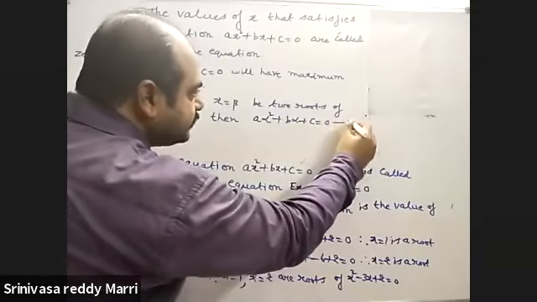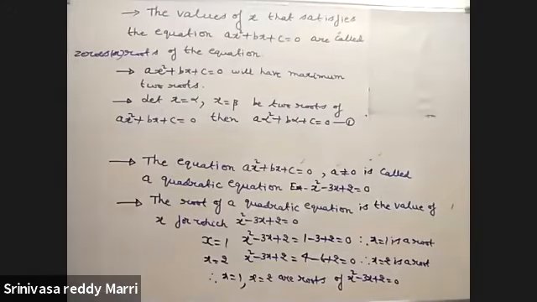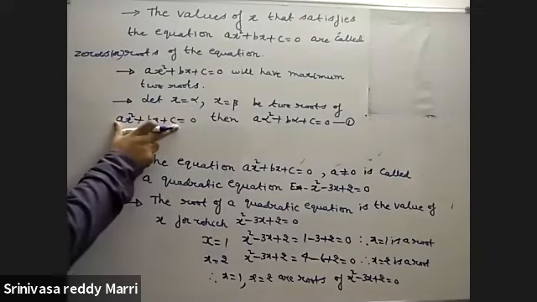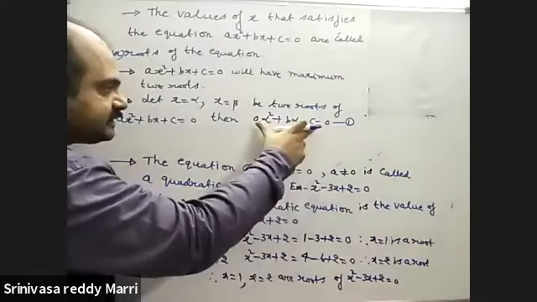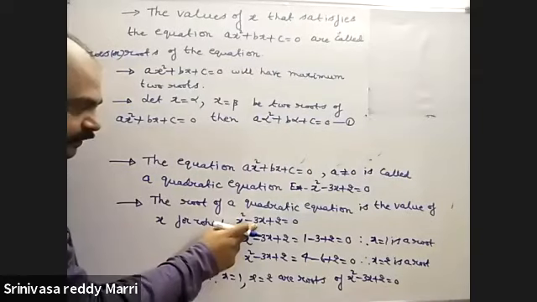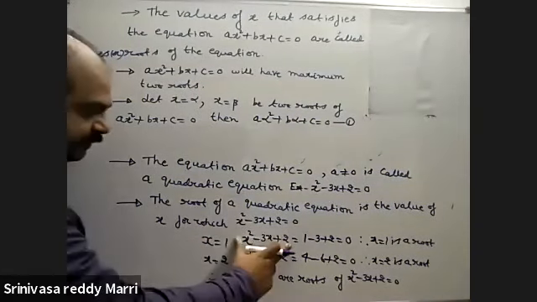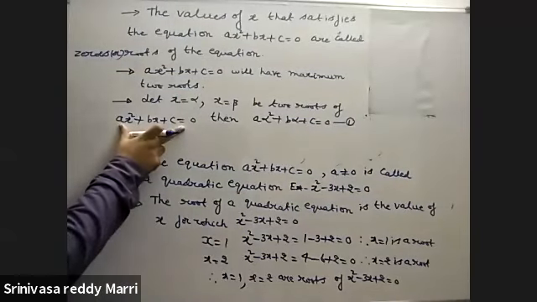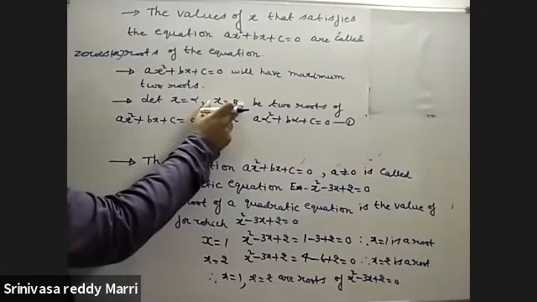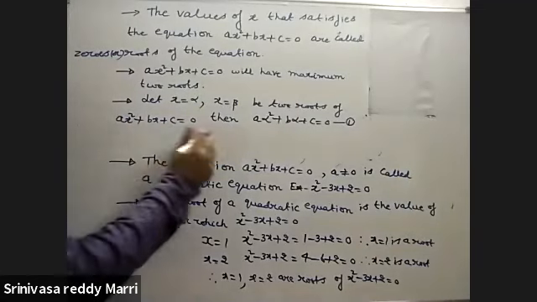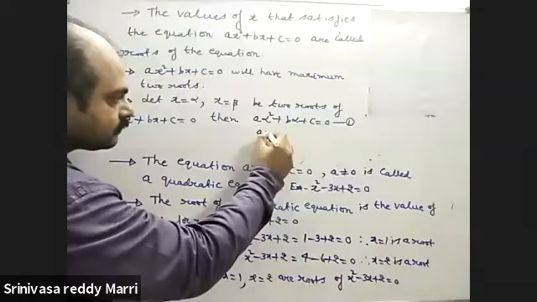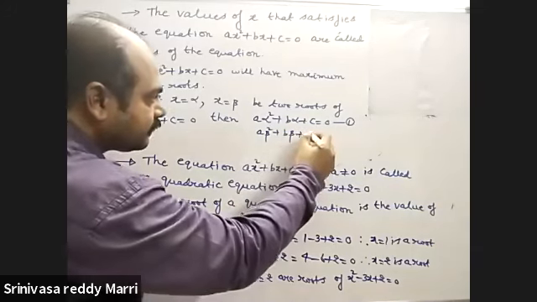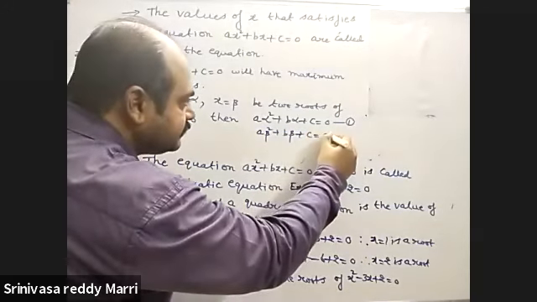So whenever the root is there, if you substitute, it will become 0. Let us say first equation: a alpha square plus b alpha plus c equal to 0. Look at the example: x equal to 1, this will become 0. Similarly, for x equal to beta, a beta square plus b beta plus c equal to 0.